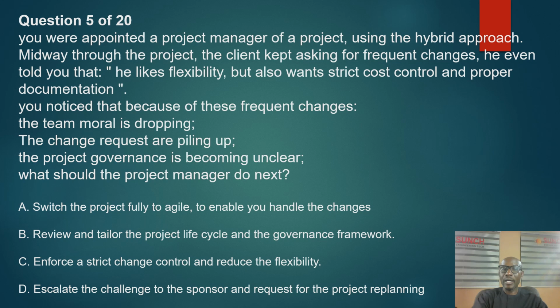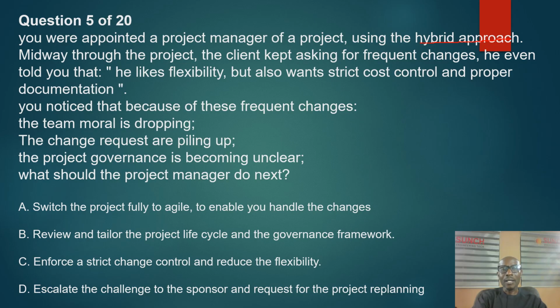Let me say something here, very important, you should know. Hybrid approach is a combination of the waterfall and the agile method. The agile method allows for flexibility. Meanwhile, the waterfall method, or the traditional approach, allows for proper documentation.